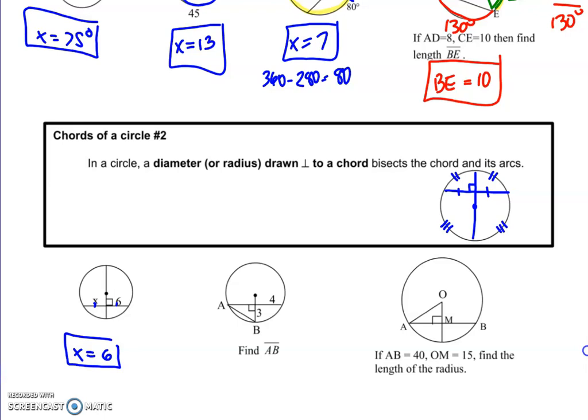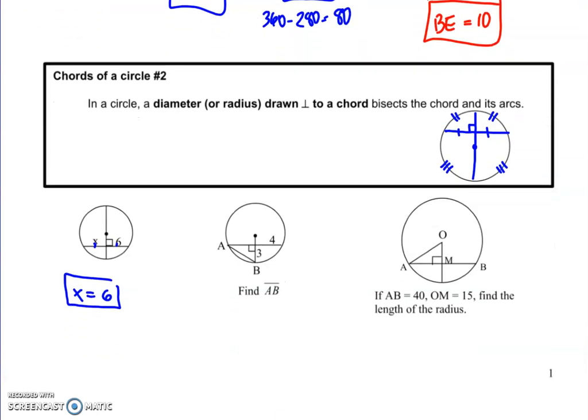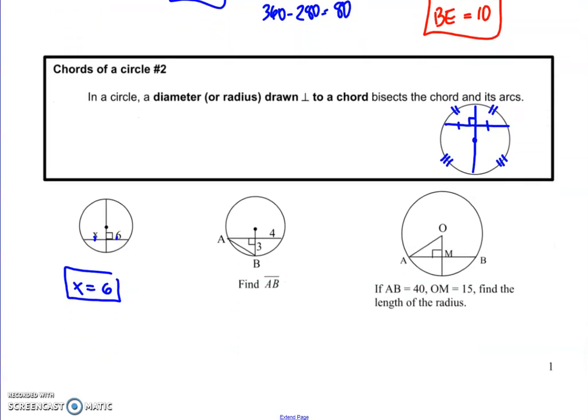The next example is a right triangle application. Find AB, so let's put an x here. Now I notice this radius and this chord are perpendicular, so if that's 4, that piece has to be 4. And now I simply have a right triangle.